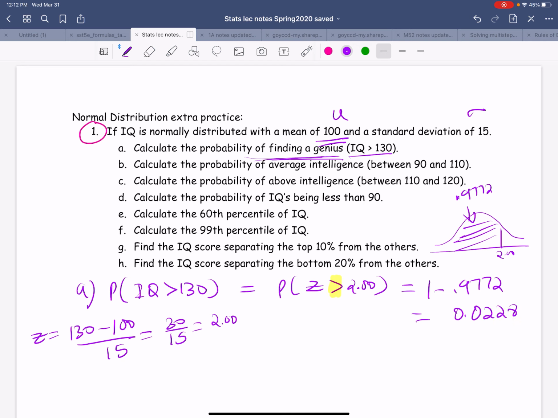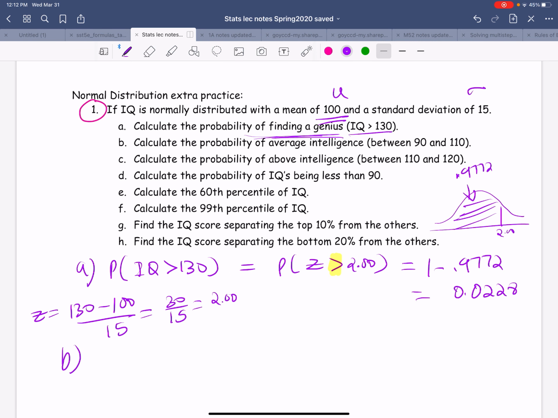So the probability of randomly selecting somebody whose score is more than 130 is about 2.2%. So very low chances that you randomly select an individual from this crowd and their IQ will be greater than 130. So 2.2% is the probability. Low probability, right? Let's look at part B now.